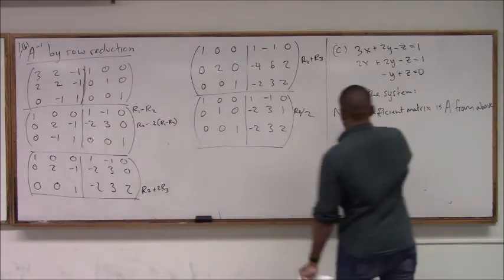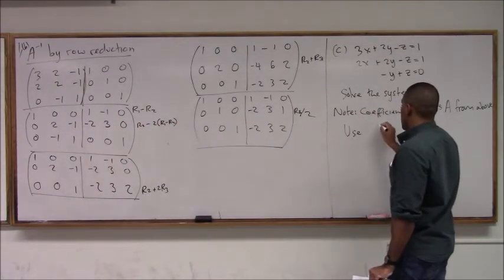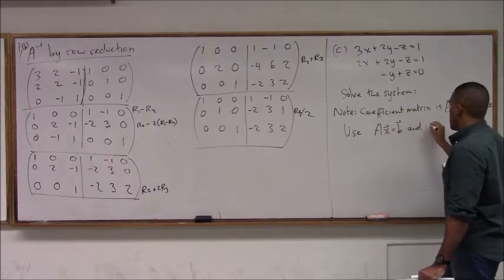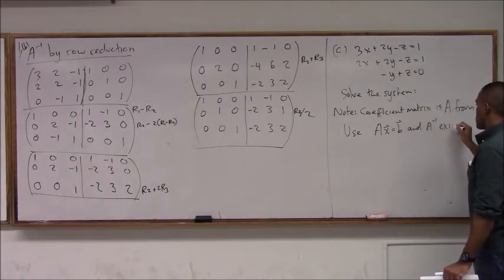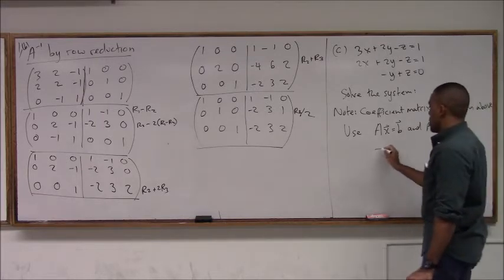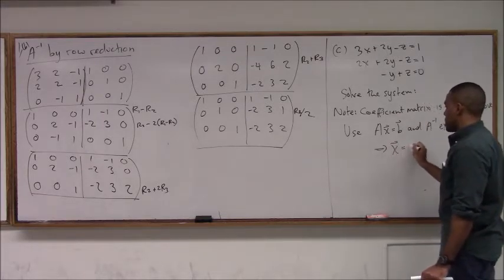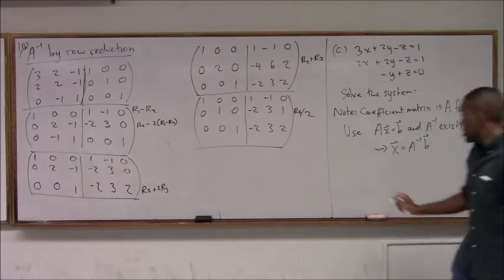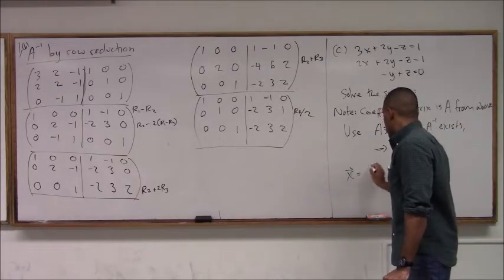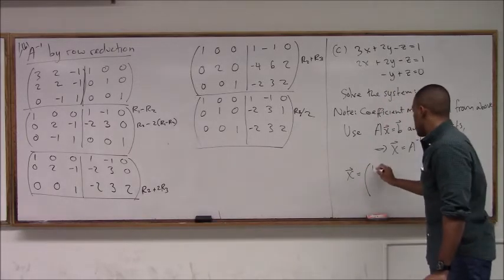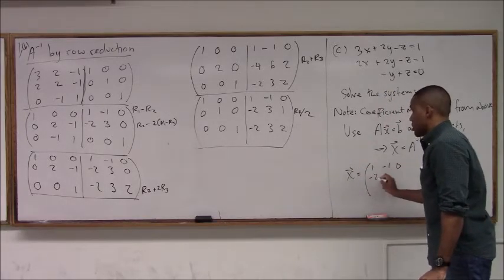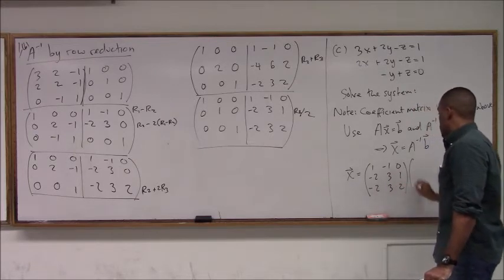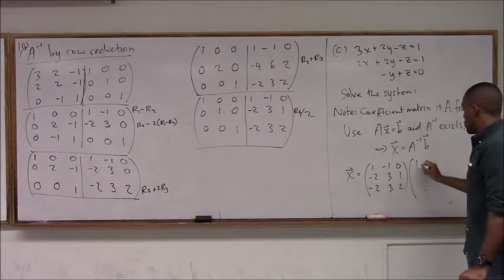And so now we're going to use the fact that if AX equals B and A inverse exists, then that means I can solve for X by just multiplying both sides on the left by A inverse. So the solution to this is just going to be that matrix times the right side, 1, 1, 0.